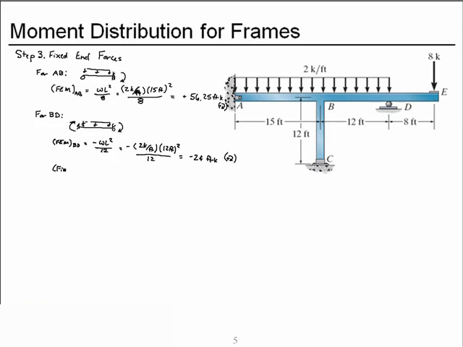And at the other end, it's a positive omega L squared over 12, and that's positive 24 foot kips.